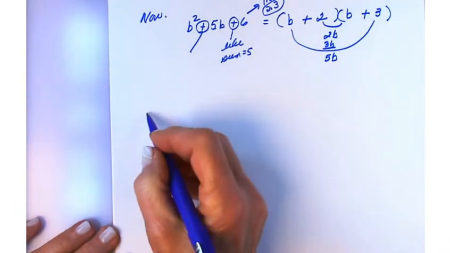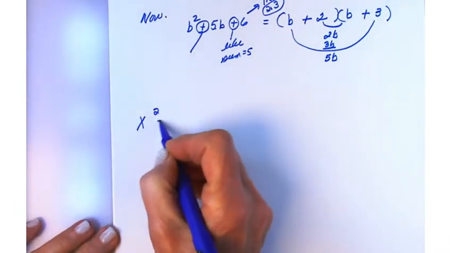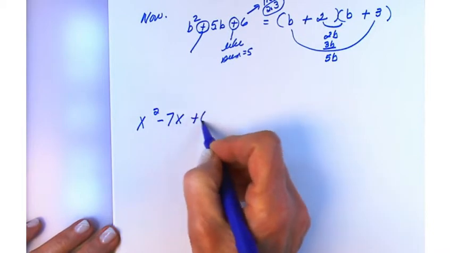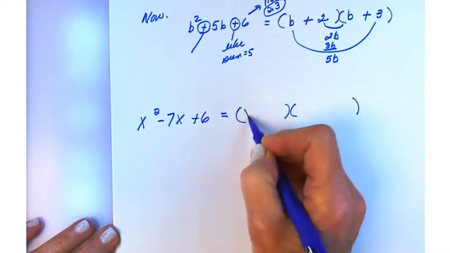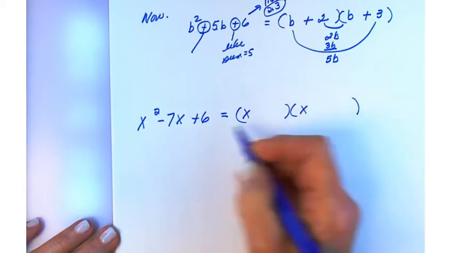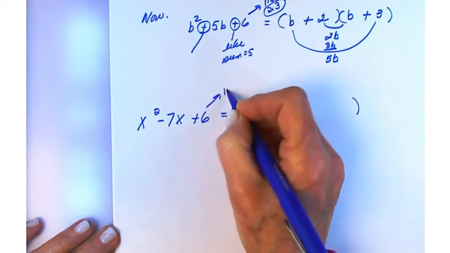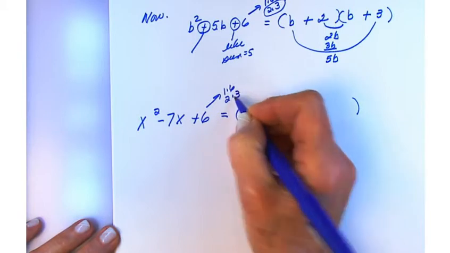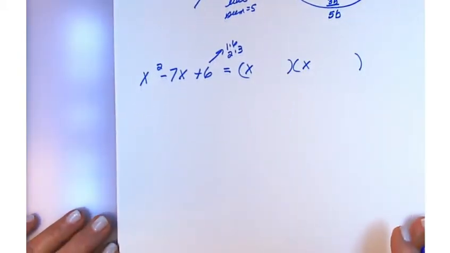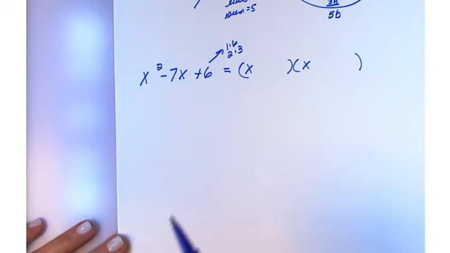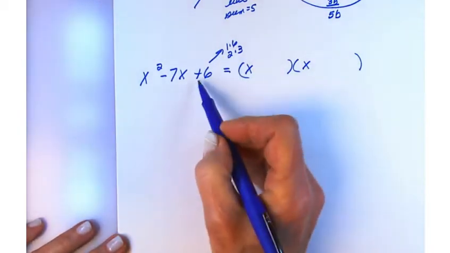Let's say that we have x squared minus 7x plus 6, two scoops, x and x. 6 is 1 and 6, 2 and 3. So I look, and this tells me my signs are alike.